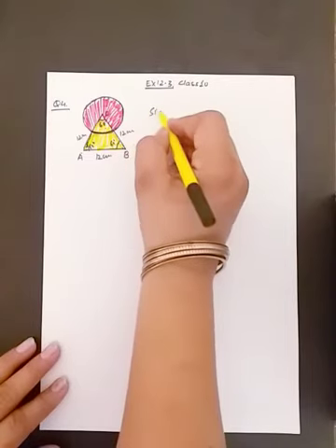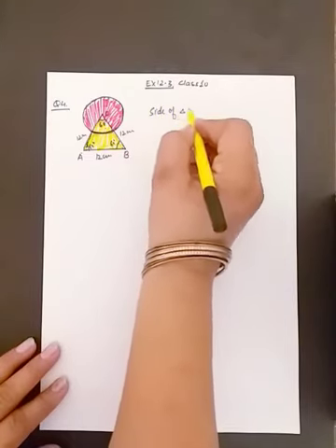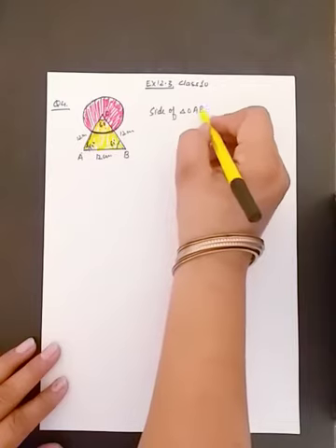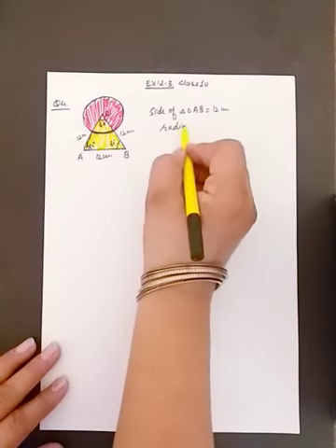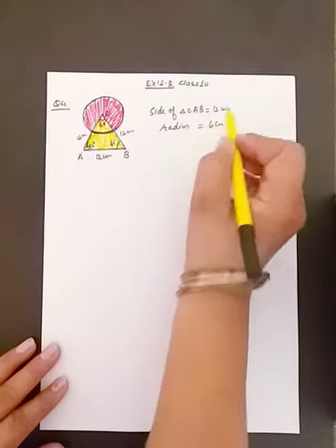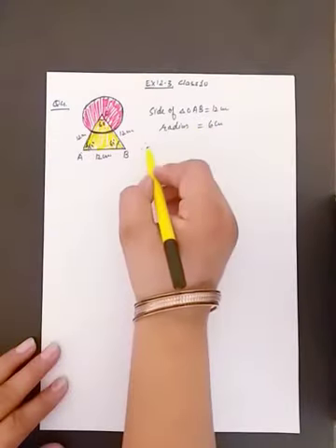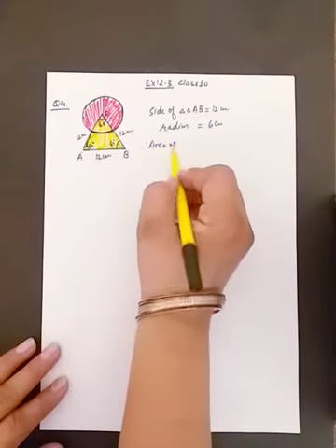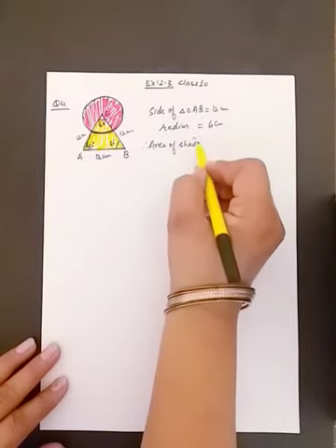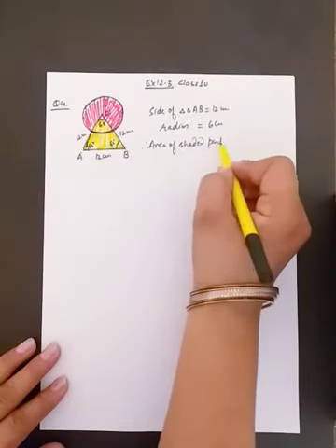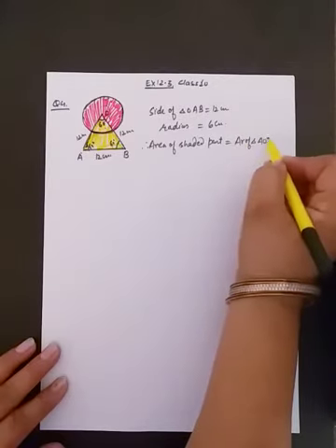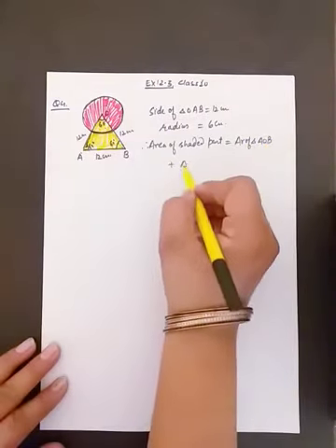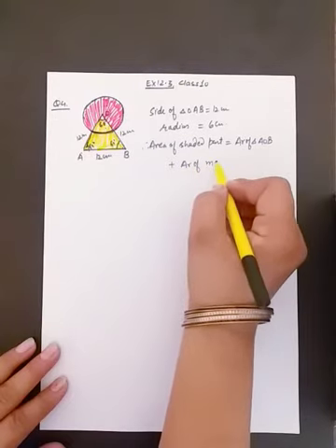Here the side of triangle OAB is 12 centimeter and the radius is 6 centimeter. So therefore the area of the shaded part is area of triangle AOB plus area of major sector.